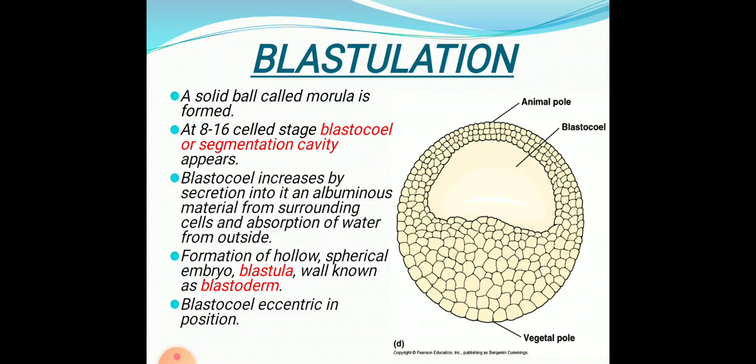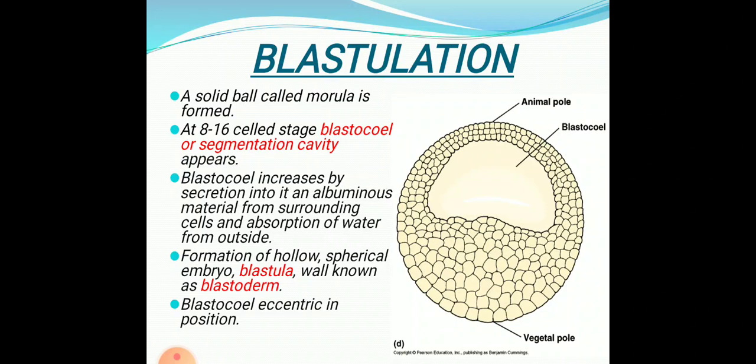It is called the blastocoel or the segmentation cavity. The surrounding blastomeres secrete a fluid called albuminous fluid into it. This fluid is known as blastocoel jelly, and the cavity is filled with the blastocoel jelly.